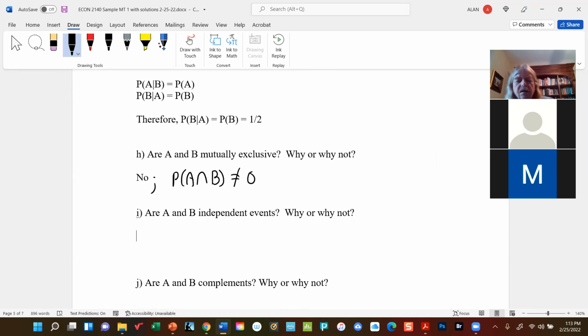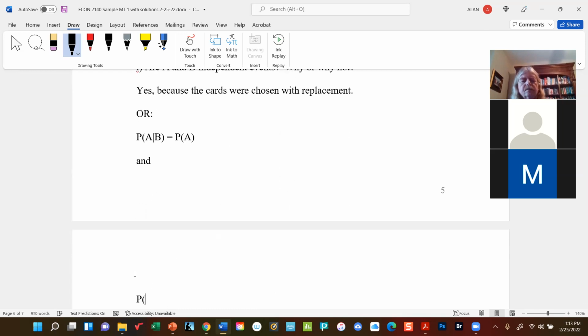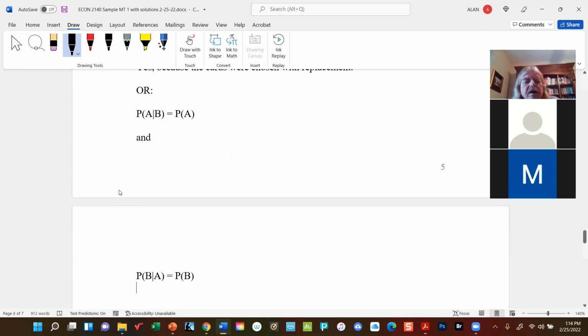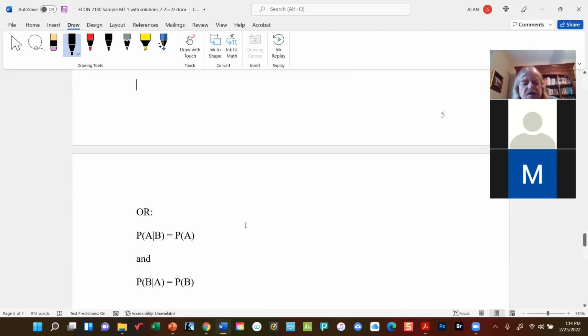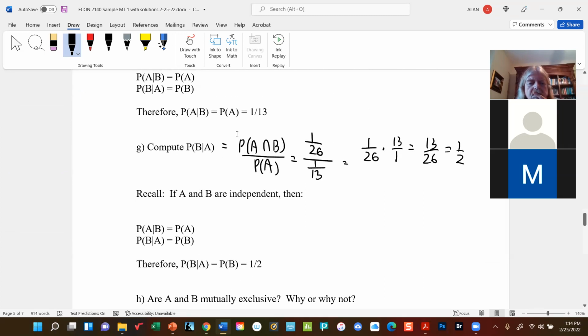Now for this one, we can just simply say yes, because the cards were chosen with replacement. Or we can just demonstrate that, as we said before, we can do it this way. And so, we know, for example, the probability of A given B from earlier was 1 out of 13.